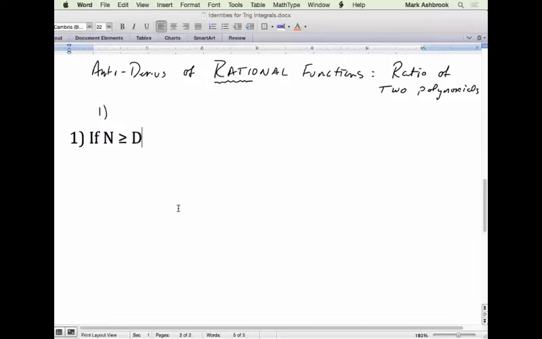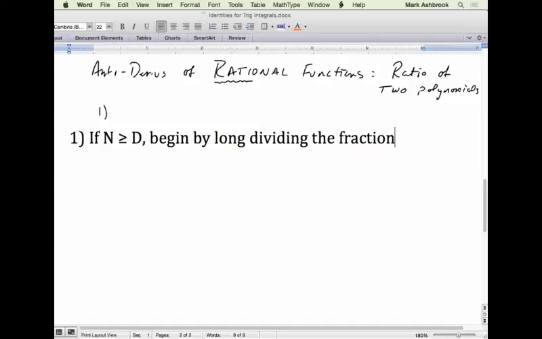So if the degree of the numerator is greater than or equal to the degree of the denominator, like the highest power of the polynomial, then you're going to begin by long dividing the fraction.